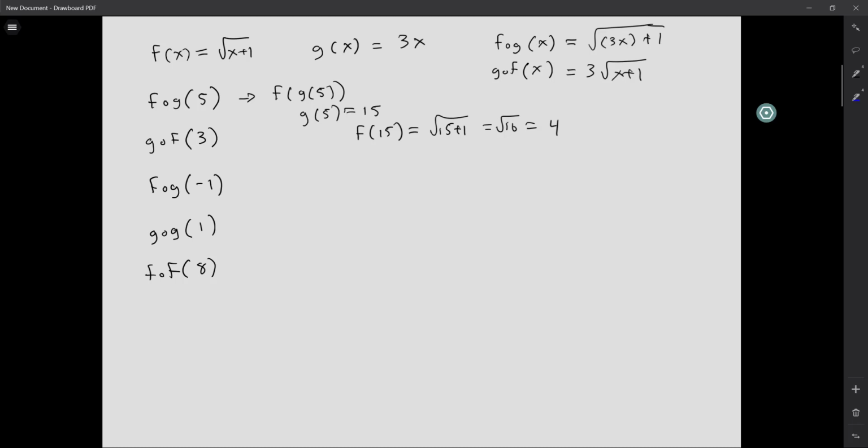So I didn't actually have to find the composed function. All I needed to do was evaluate it in steps. And we can do this for as many functions as there are. We're going to stick to 2 for now.